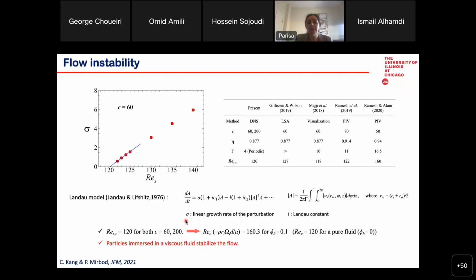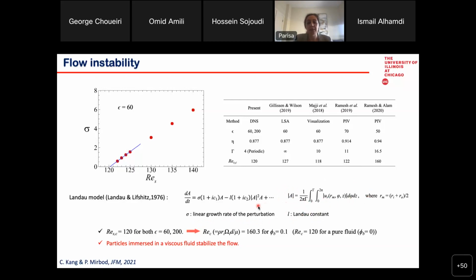In this formula, sigma is called the linear growth rate of the perturbation, while L is the Landau constant, and the norm of A, or the amplitude of the perturbation, can be defined by analyzing the norm of the axial velocity using this formula.